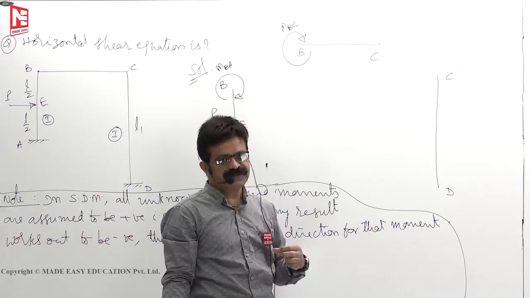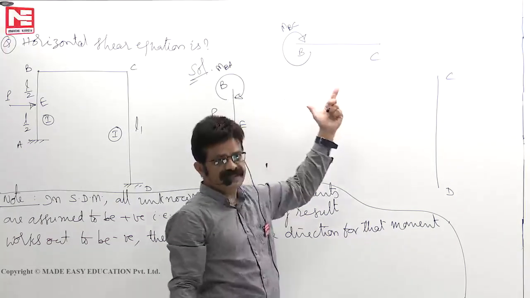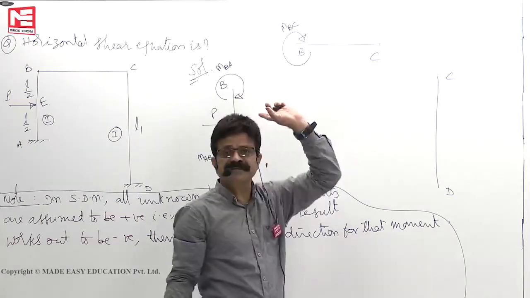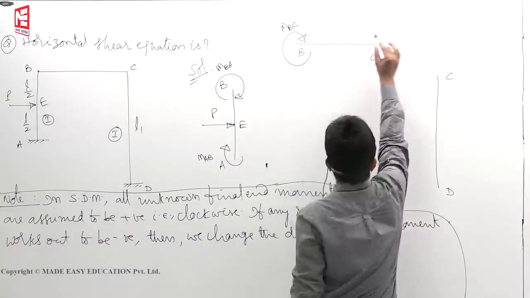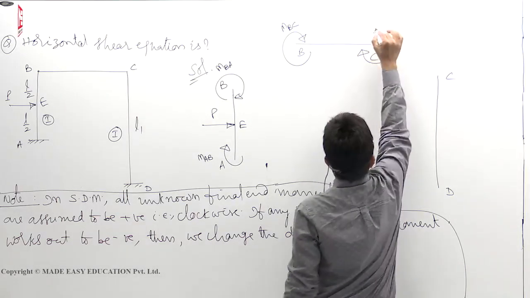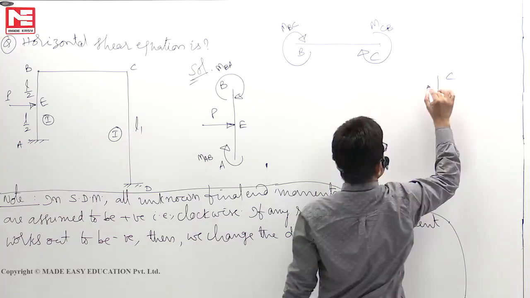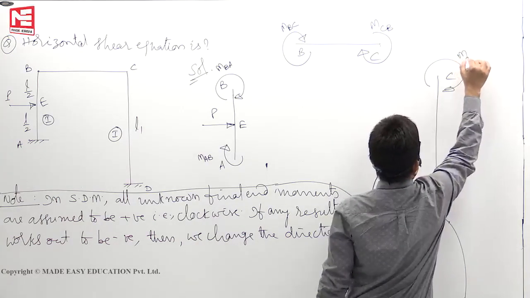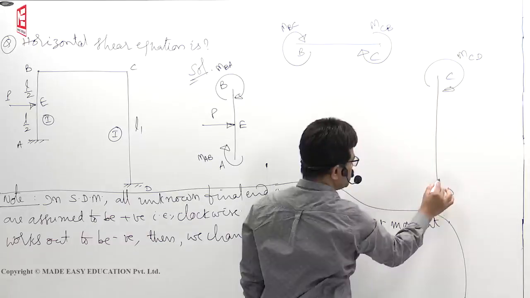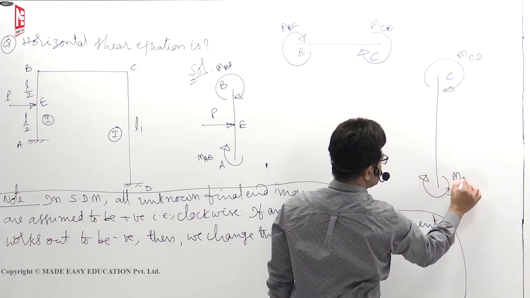That means negative result you will get. Then we will change for that. But first you assume all of them clockwise. This is MBC clockwise. This is moment at C for the span CB. MCB also clockwise. This is the meaning. In slope deflection method, all moments you assume that they are positive.